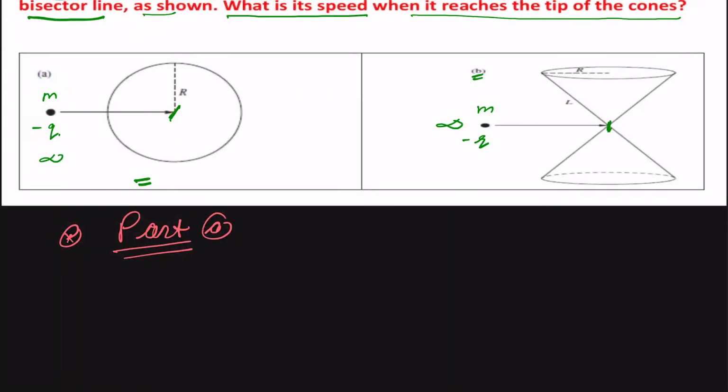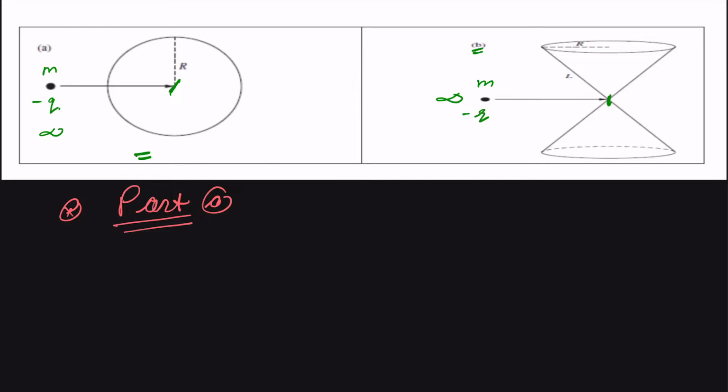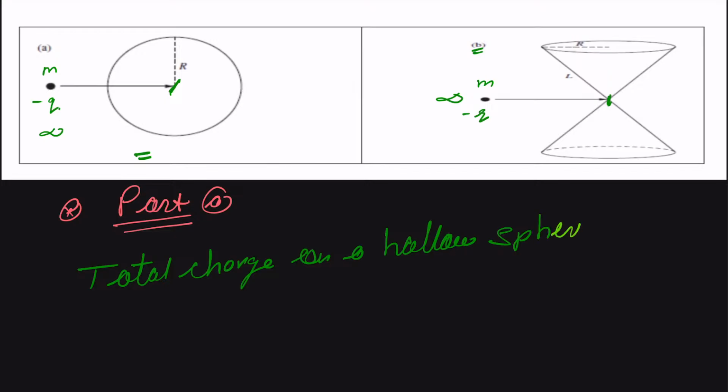So for a hollow spherical shell, we can write the total charge Q, which will be equal to 4 pi R square times the charge density.